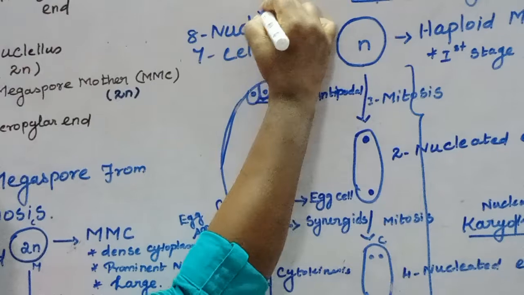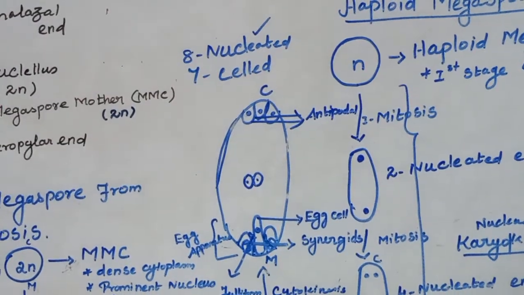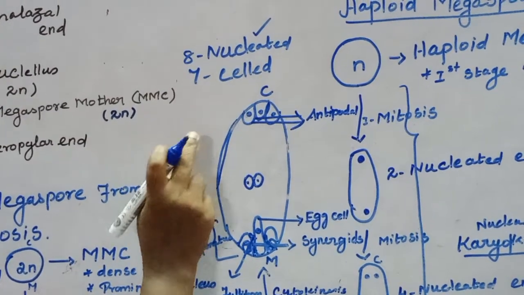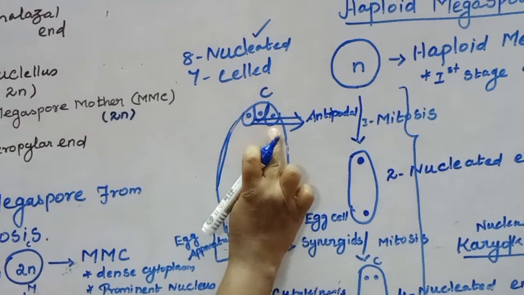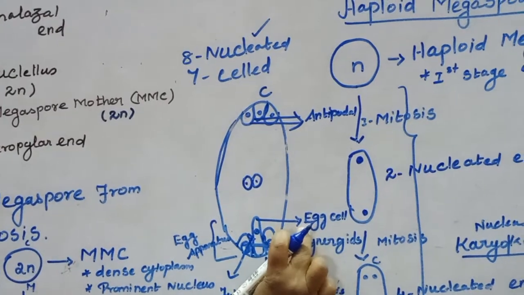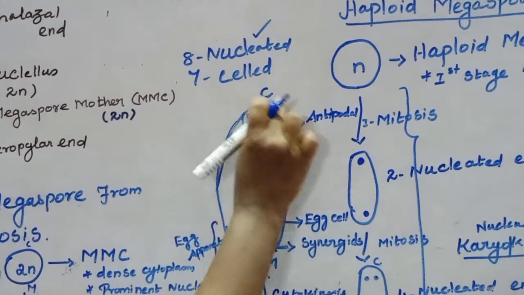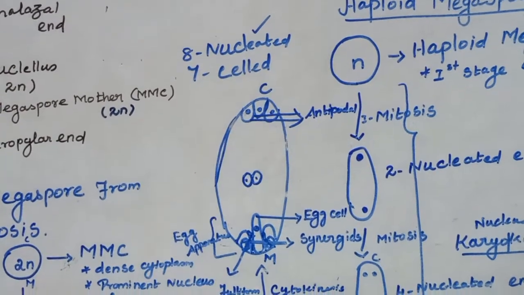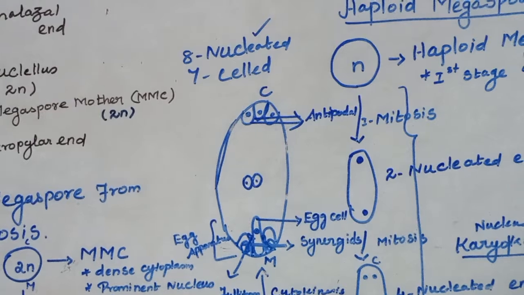So 8 nucleated. Are you clear? The next one is called 7-celled: 3 antipodals, 2 synergids, 5; 1 egg cell, 6; and the central cell, that is 7. So that is called 7-celled.